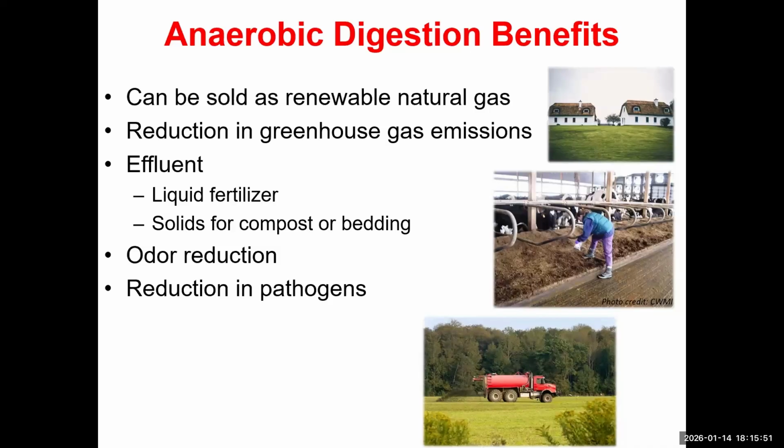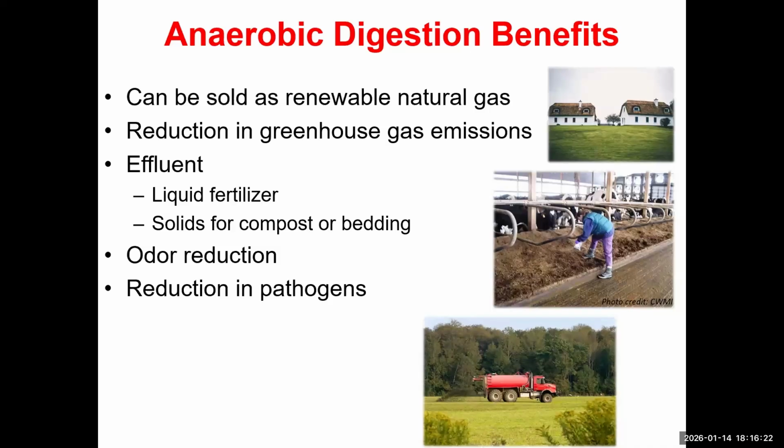I do want to point out that there are additional benefits of using anaerobic digestion technology that go beyond just producing renewable energy and capturing that methane to reduce greenhouse gas emissions. Another product that comes from the digester is what's known as effluent. This effluent is just the undigested solids and the liquids that come out of the digester.